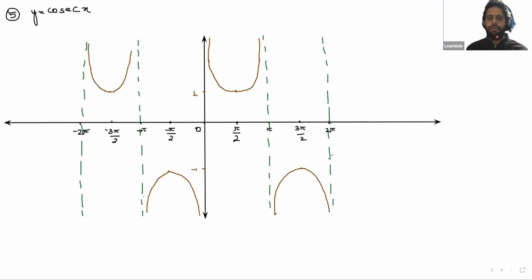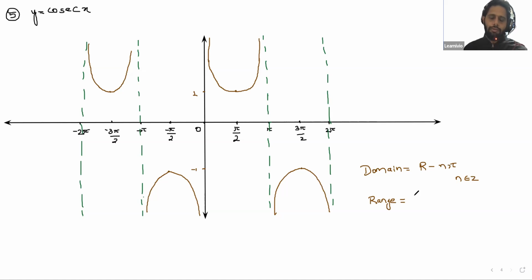So this is the graph for y is equal to cosec x. Now we'll find the domain of this. If we take the x-axis, then the value does not exist for 0, pi. So domain is R except n pi, where n belongs to any integer. This is range. If you take the y-axis, then this part is not a part of the graph.